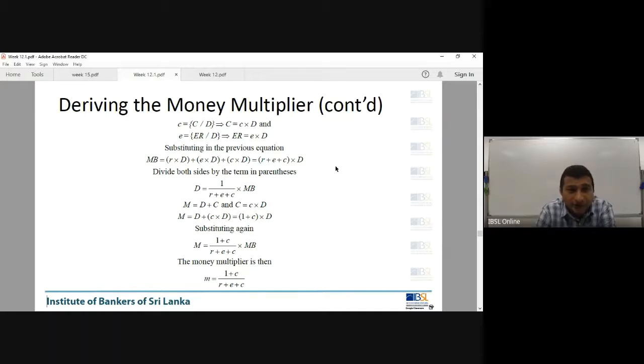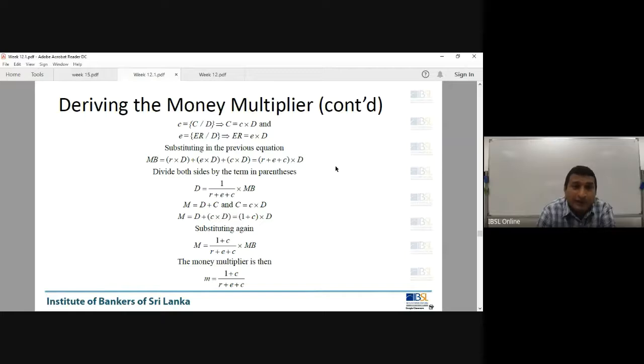From the currency ratio itself, you can derive the currency holdings, that is nothing but currency ratio times deposits, small c times deposits, D. And similarly, small e, excess reserve ratio, which is nothing but excess reserves, ER over D. From that, you can again derive excess reserves, that is nothing but small e, excess reserve ratio, times deposits.